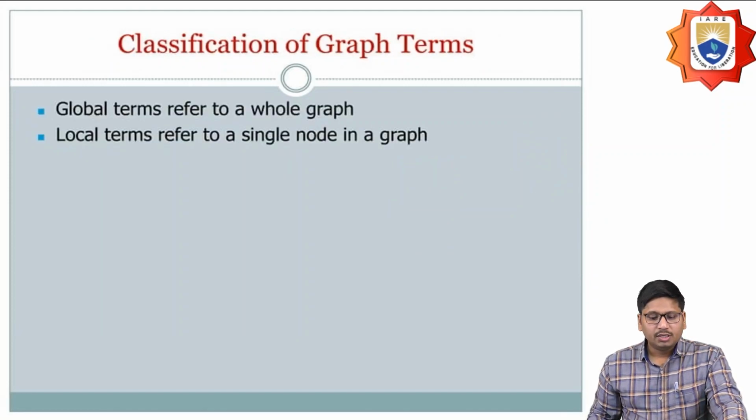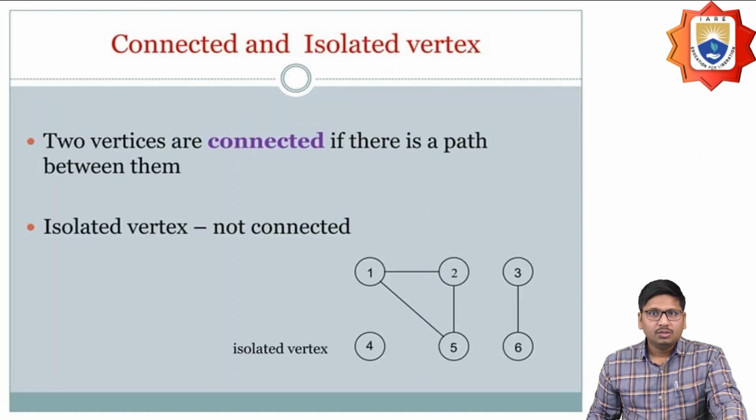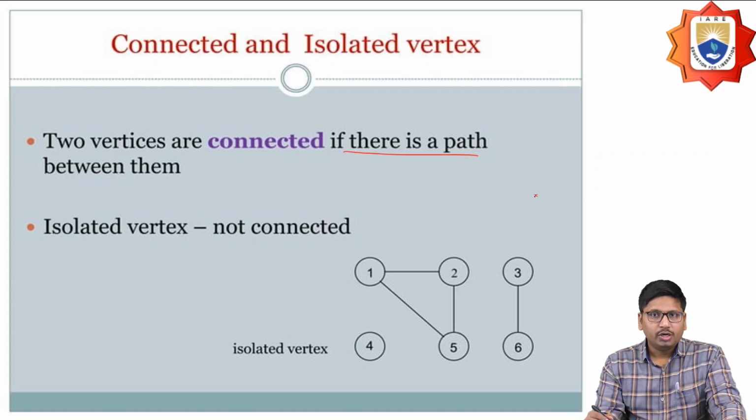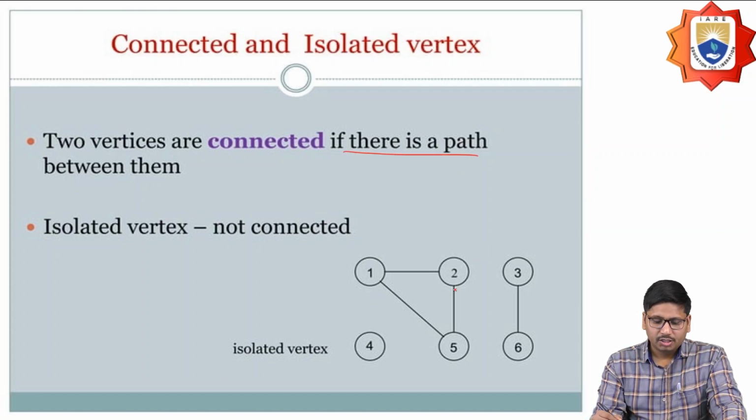So next is the classification of graphs. Normally, there are different types of graphs. This should be the connected graph and isolated vertex. Two vertices are said to be connected if there is a path between them, and an isolated vertex means there is no edge incoming or outgoing from the vertex.